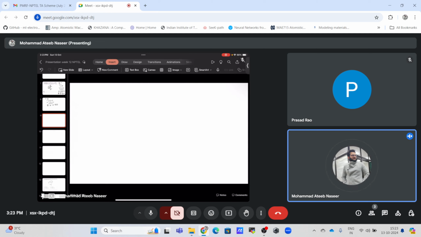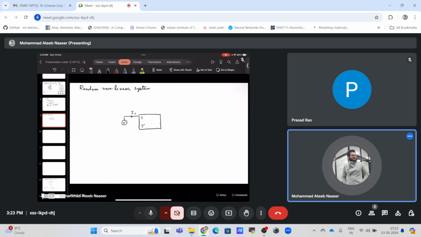So the MOSFET. Okay, so what we will do is consider some random non-linear system, like this. Let us consider a black box, and it has voltages associated with it. This will be the I1 current flowing in this device, and we will have some voltage drop across these terminals.